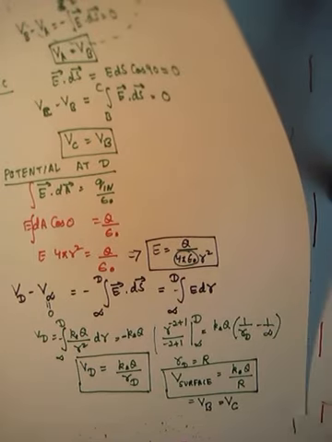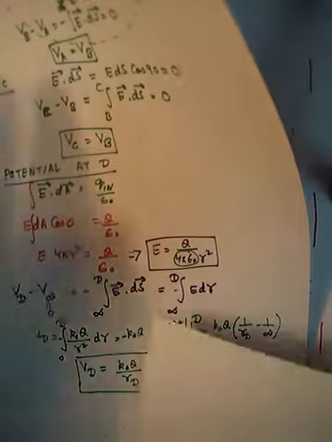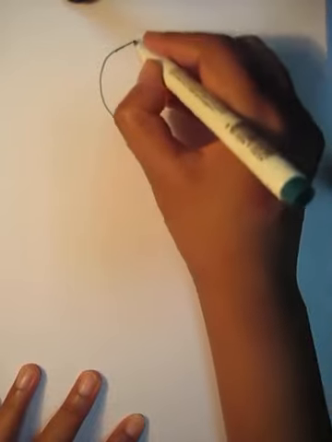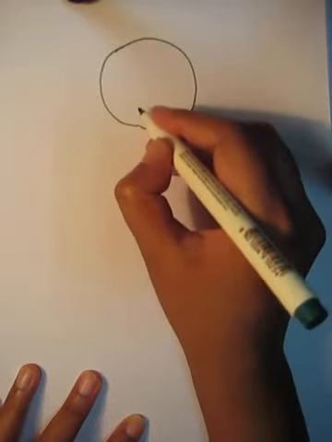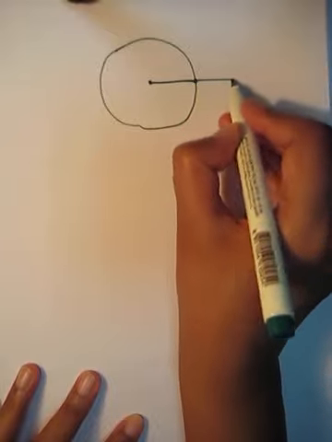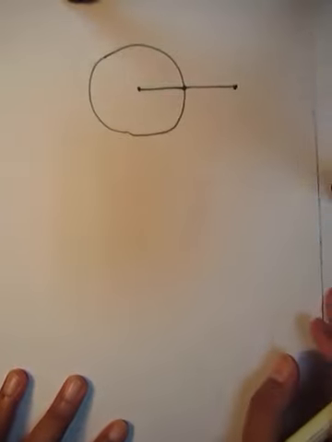Now what does this mean in conclusion? If we have to conclude all this information, it means that if there is a conductor and there is some point inside, some point on the surface, and some point outside the surface.